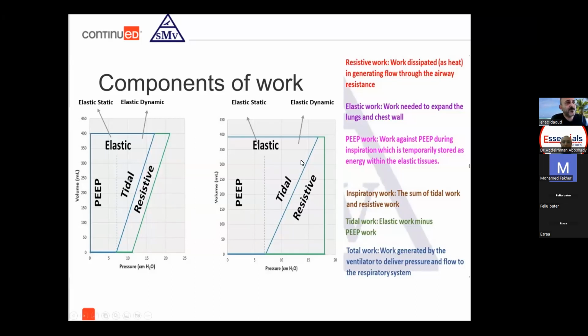Tidal work is the whole work minus the PEEP work. So it's basically how much work or how much energy the ventilator gives the lung during each tidal volume. And then the added inspiratory work will be the sum of the tidal work and the resistive work.